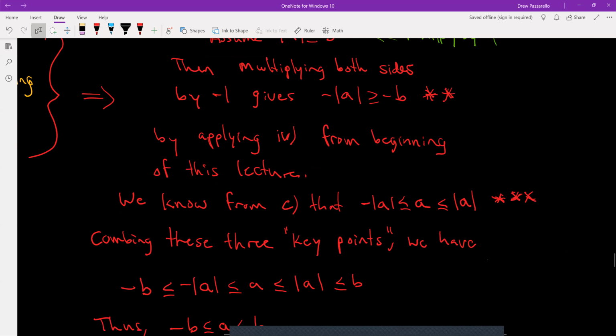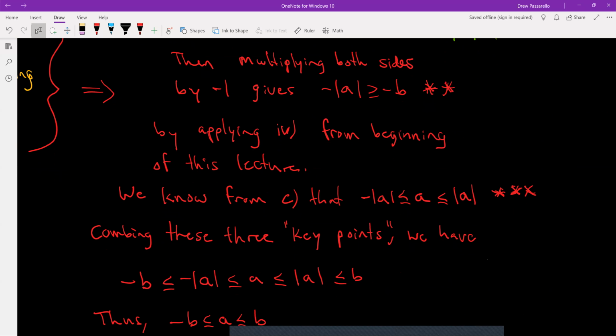So we also know from C, from that list of properties of absolute value, that the negative absolute value of A is less than or equal to A, which is less than or equal to the absolute value of A. I labeled that triple star.